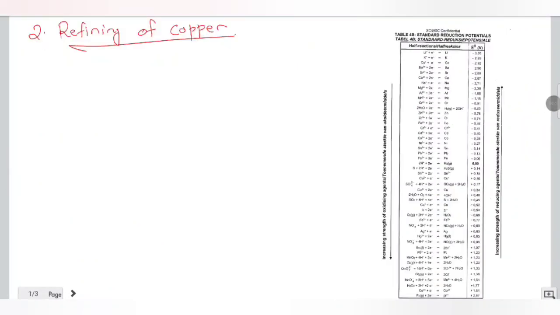The second application is refining of copper. When you are digging copper from the surface of the earth, you get impure copper. When you are drawing the electrolytic cell that represents the refining of copper, your anode must be the impure copper all the time.